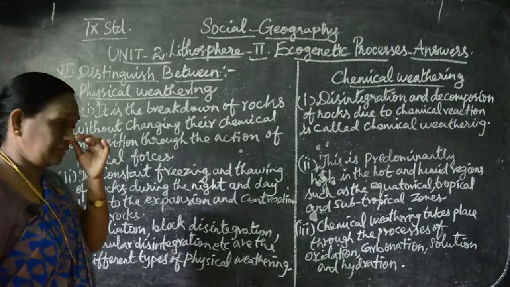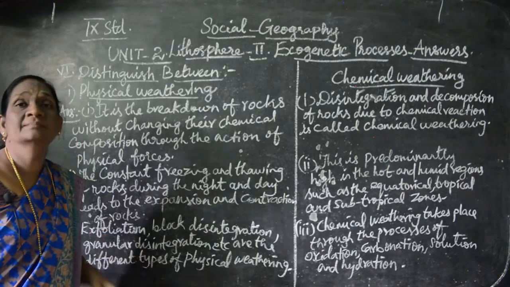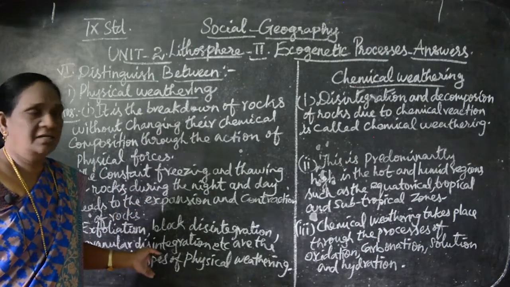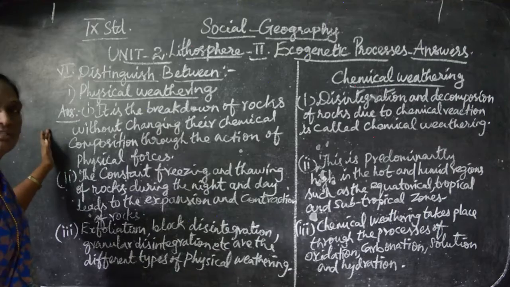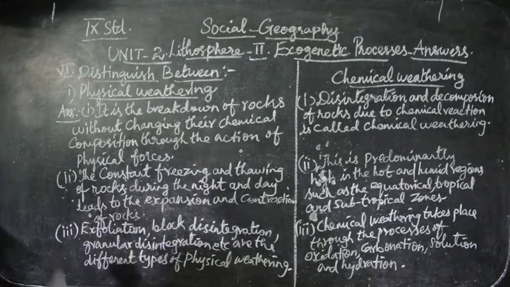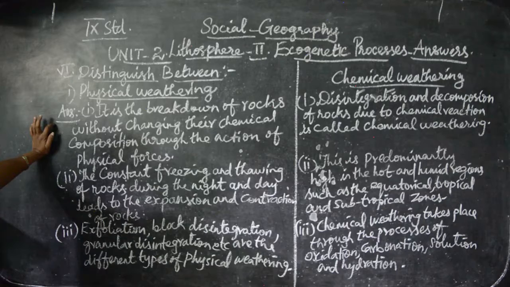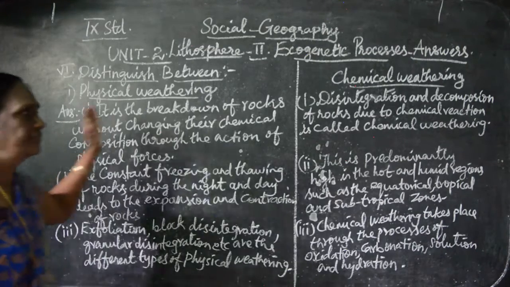Children, you are in 9th standard. Next standard, you are going to face the public exam. So, for distinguish between, you have to write like this, in a tabular column. Physical weathering and chemical weathering. Again, I will explain. Physical weathering is the breakdown of rocks without changing their chemical composition through the action of physical forces.